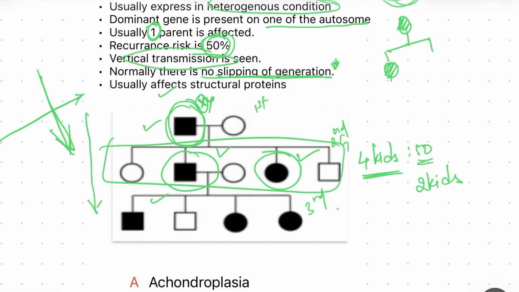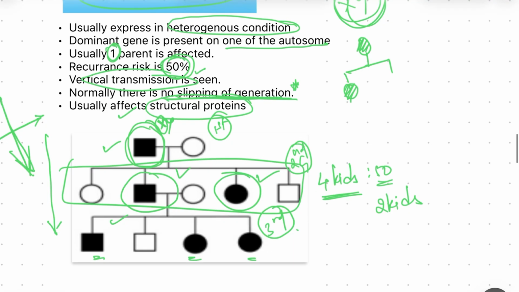So recurrence will be 50% for sure. There are 4 kids in the second generation, and 50% means 2 kids should be affected. We can see there are 2 kids affected.